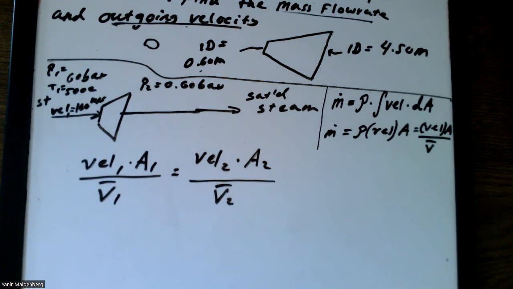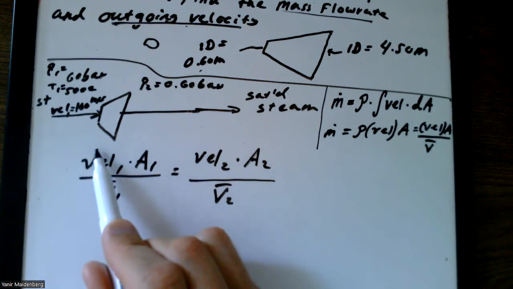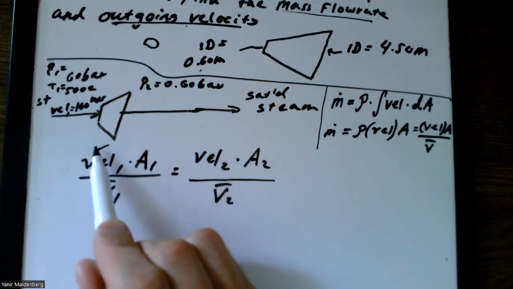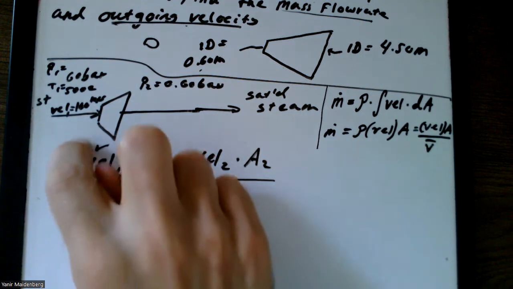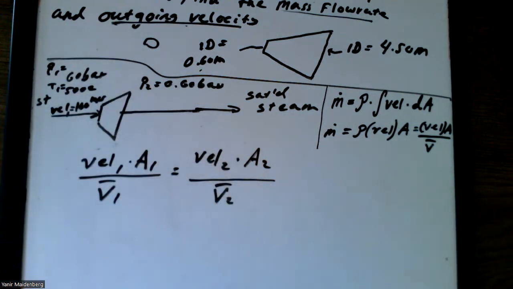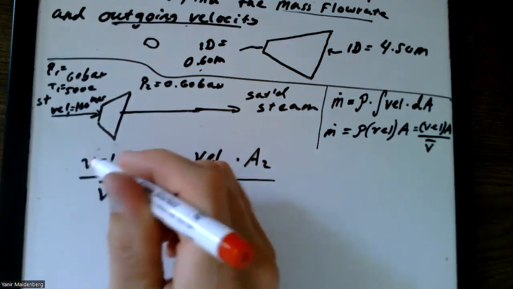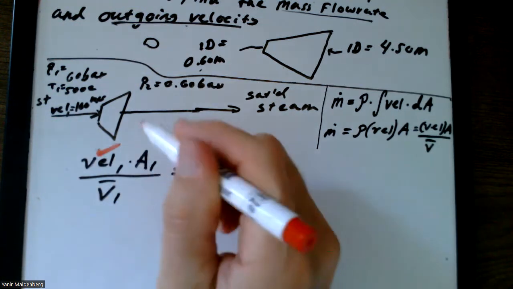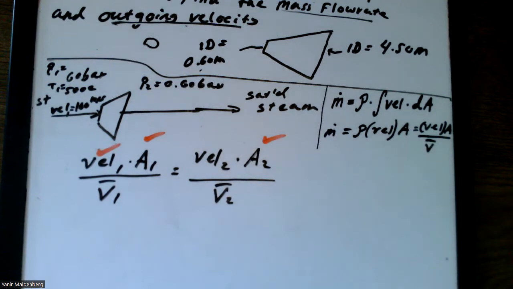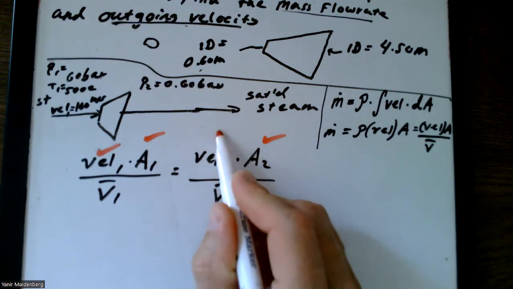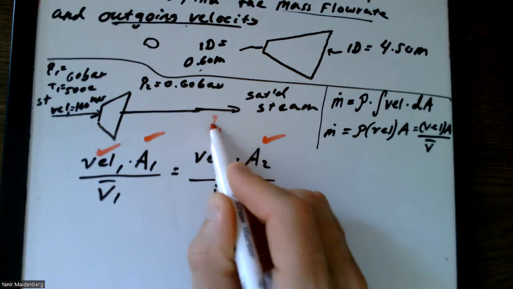Okay, so we know the velocity coming in. I'm going to mark what we know in red, so it's a little bit different. We know this velocity. We have the diameter, so we can get the area. And we know the area here as well. We don't know this. This is what we're looking for.